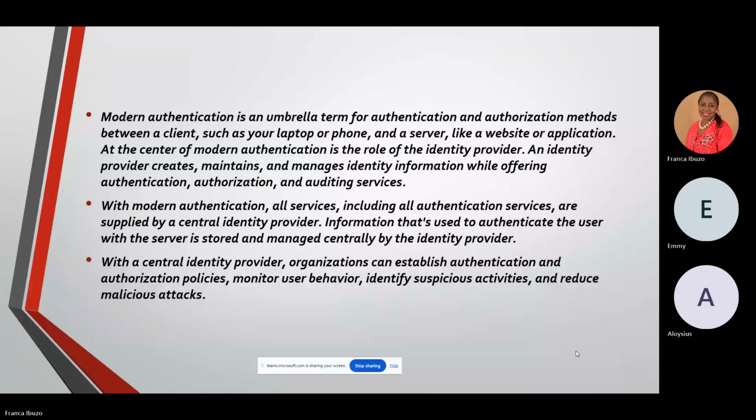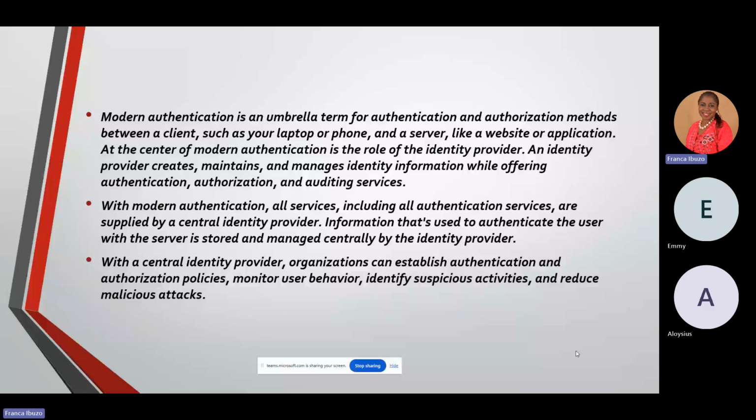The information that is used to authenticate the user with the server is stored and managed centrally by the identity provider. There is the identity provider that stores and manages the identities, all the information.